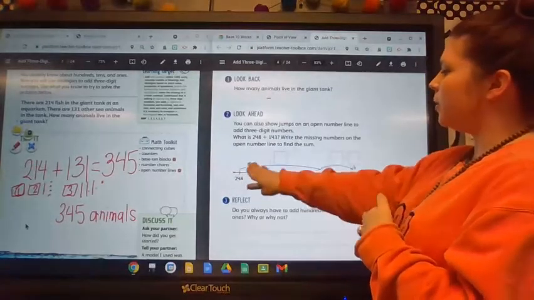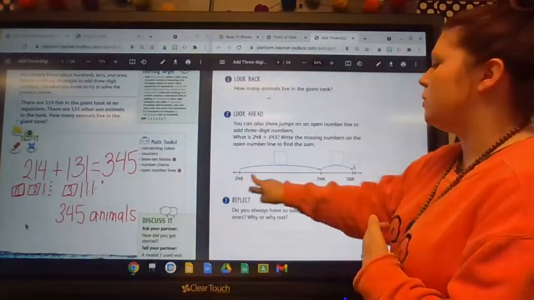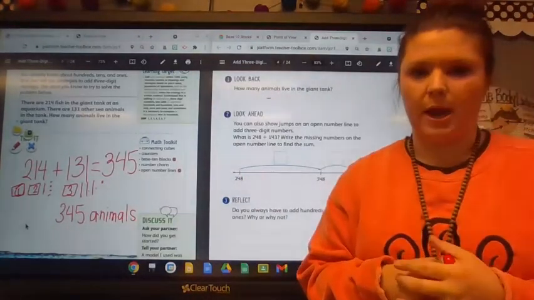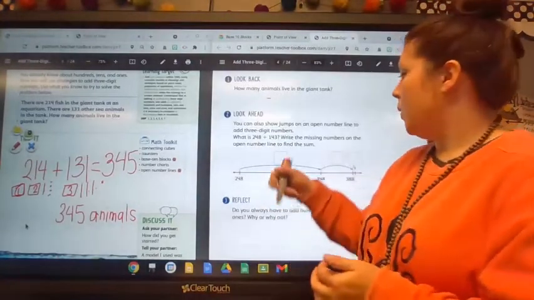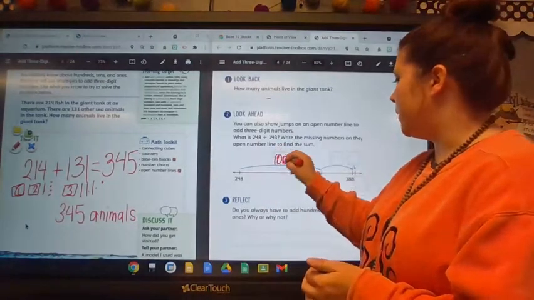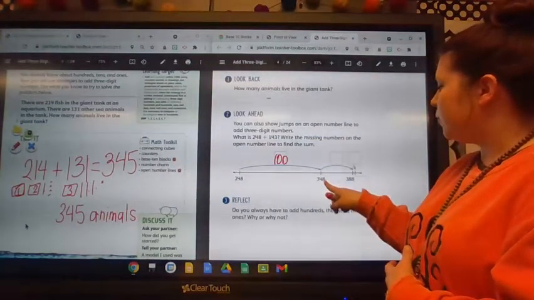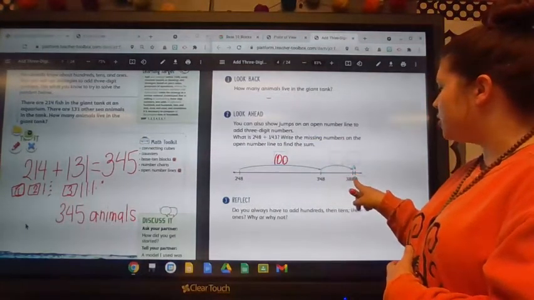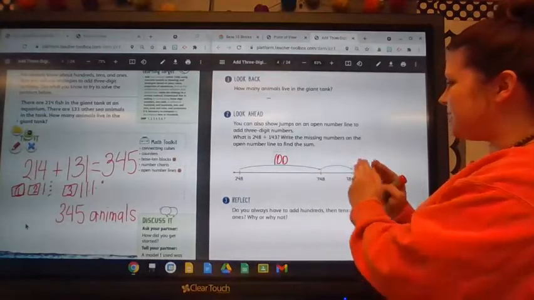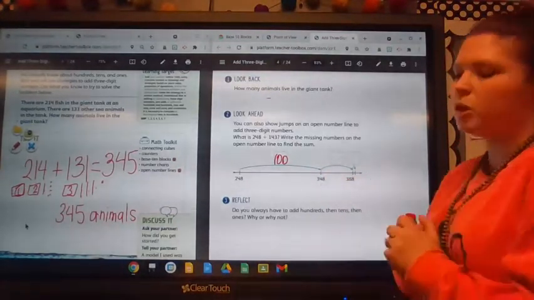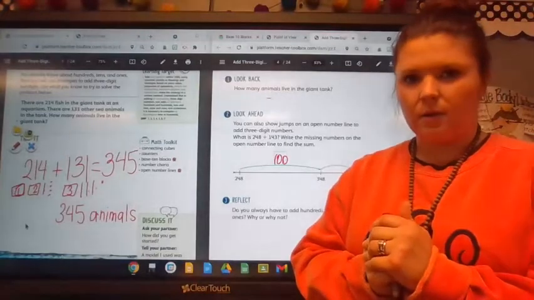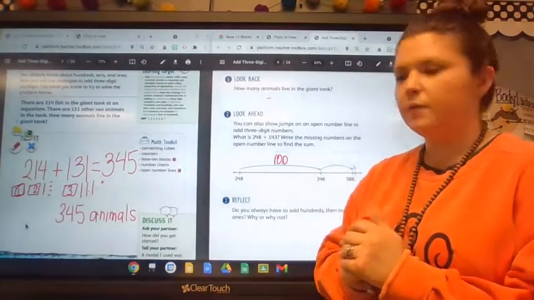Okay, how many numbers would we need to add to get from 248 to 348? We would add 100, wouldn't we? Okay. Now, to get from 348 to 388, what's the distance between there? How many numbers would we add? 40.